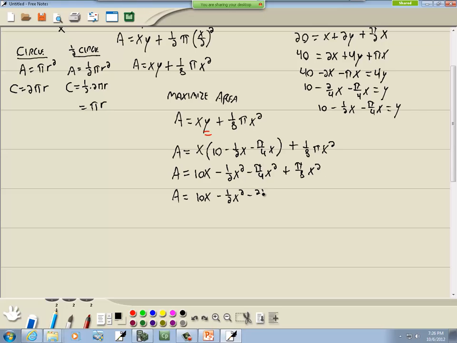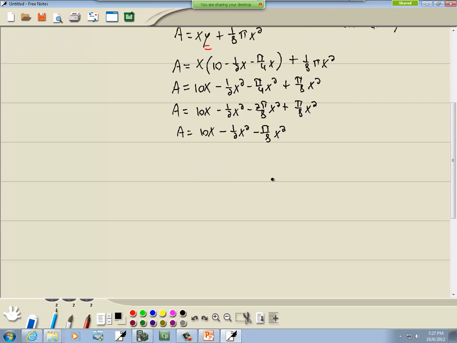So we've got minus 2 pi over 8 x squared plus pi over 8 x squared. Now, these are both x squared, and we combine what's out in front of them. I got negative 2 pi over 8 plus 1 pi over 8. That gives us negative pi over 8 x squared.